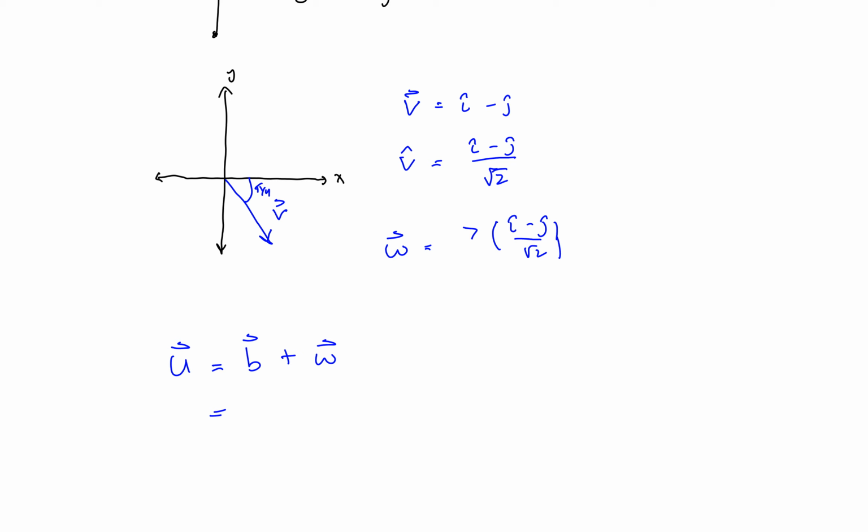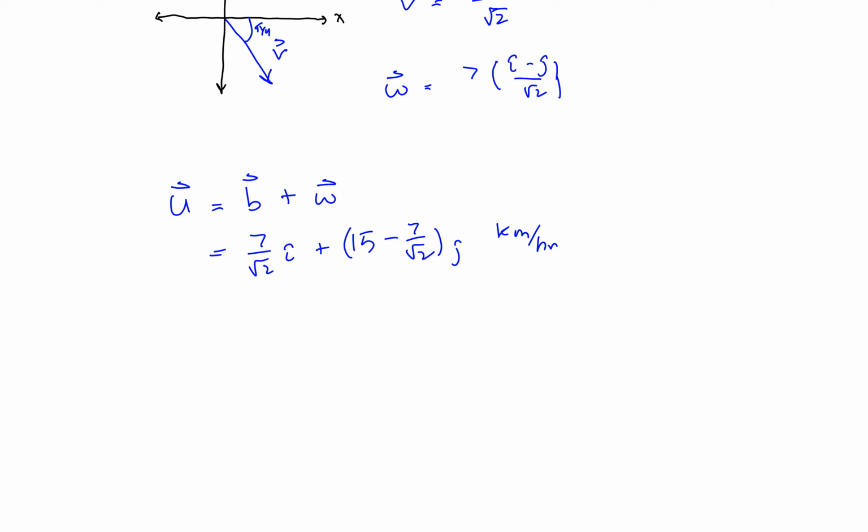So this is 7 over square root of 2 i plus 15 minus 7 over square root of 2 j. And this is measured in kilometers per hour. So that's our first thing.